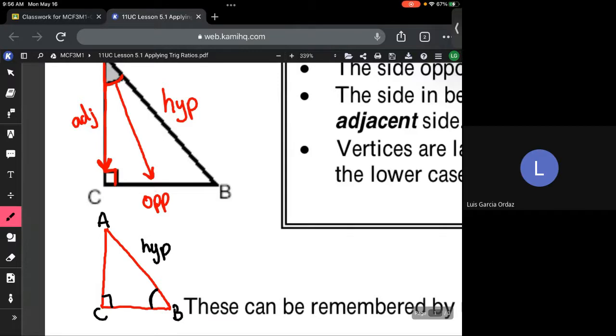But which side is my opposite side now? Yep. So this is going to be my opposite side now. And my adjacent side is going to be CB.